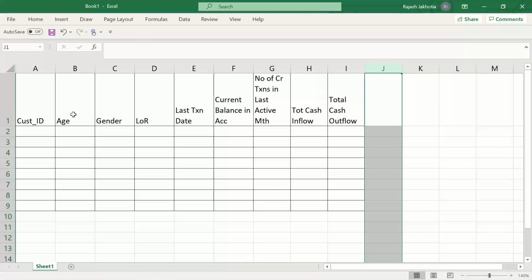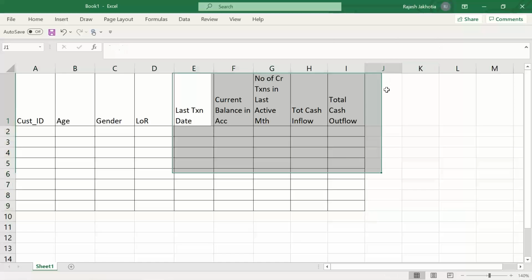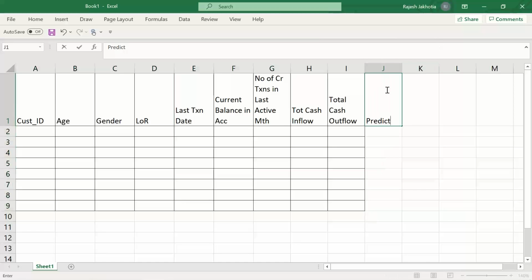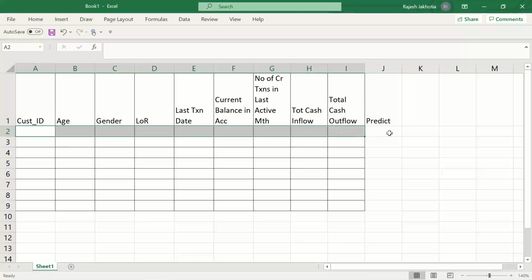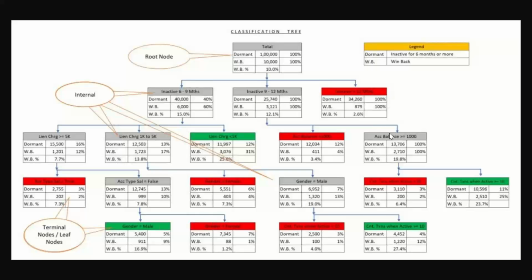At the time of application you will have only the inputs, and then using the model you have to predict which customer is more likely to be a convert and which is less likely. And those who are more likely to convert, you will target them. So you require a model, an output which gives you rules.